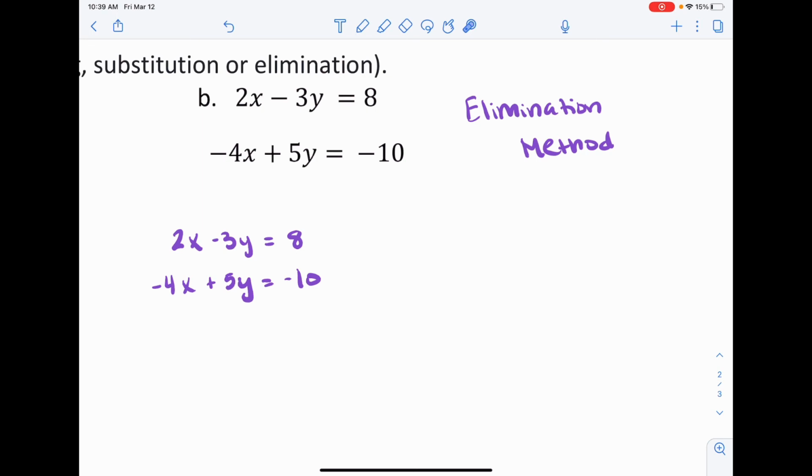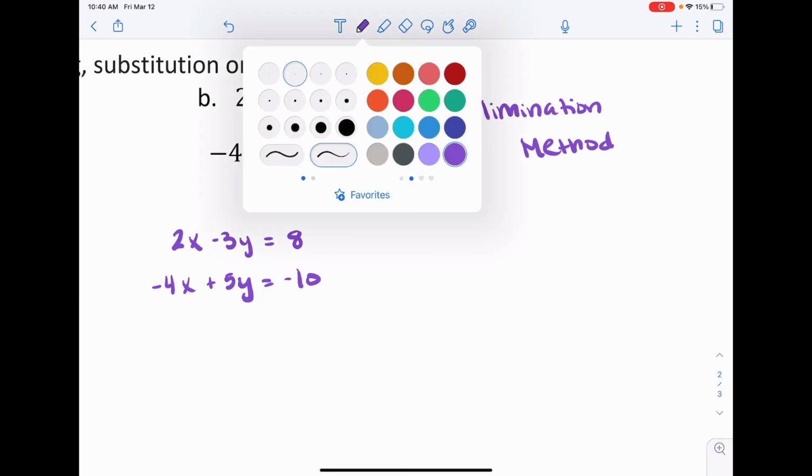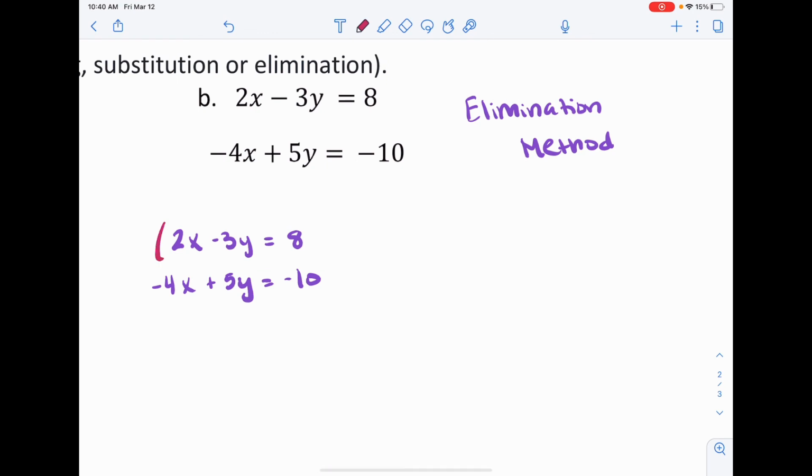So how can we change one of these equations so if we were to add them, one of the variables would cancel out? So because this is a negative 4, if I were to change this 2 to be a 4, then when I add them together, it'll cancel, and I can solve for y. So I'm going to times this entire equation by 2. So when I do that, I have 4x minus 6y equals 16, and then I'll leave the bottom one the same.